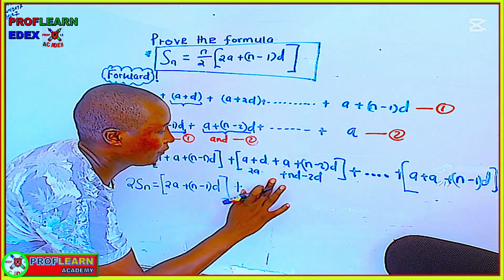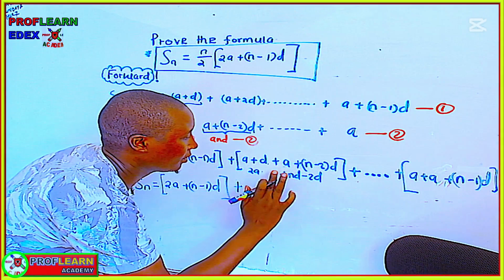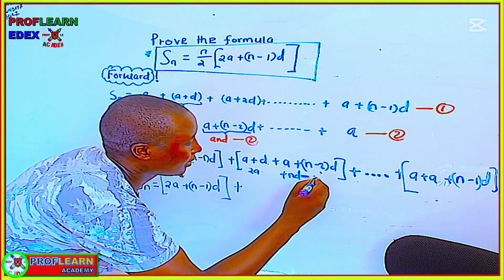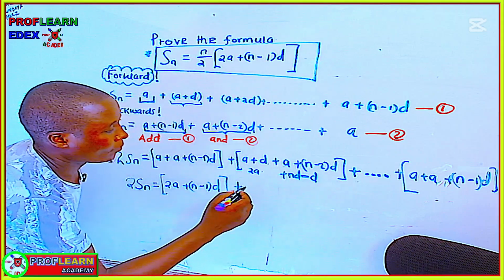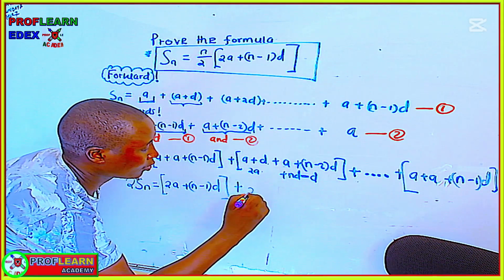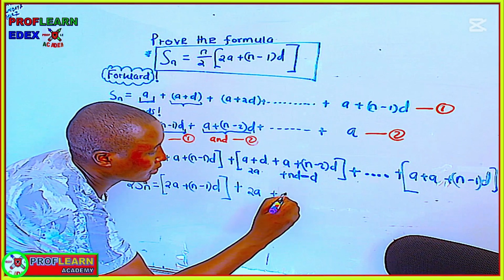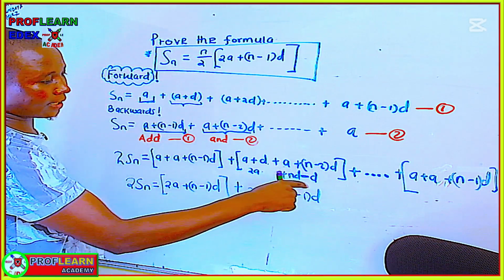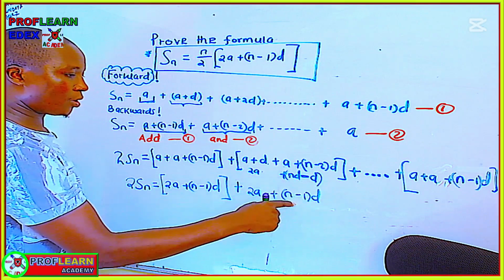So we shall have our equation now becoming 2a plus n minus 1 into d, because if you factor d out in this term here, we are going to have this.